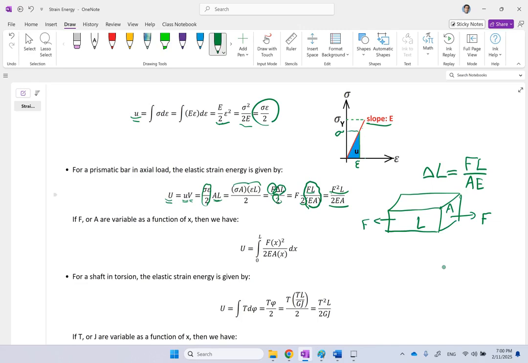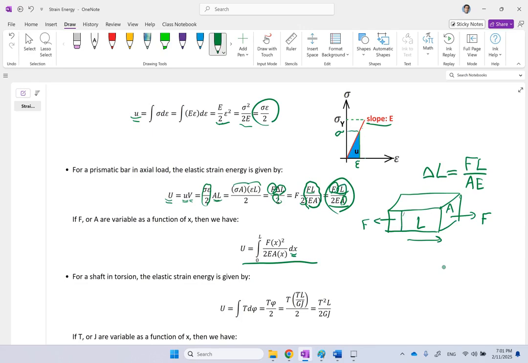That is what we have for the total strain energy. Now, sometimes this A changes as you move along the X direction. It doesn't have a fixed cross section, or the force changes along the bar. In that case, instead of this constant formula, you can integrate that same entity over the length, except for L, use dx.